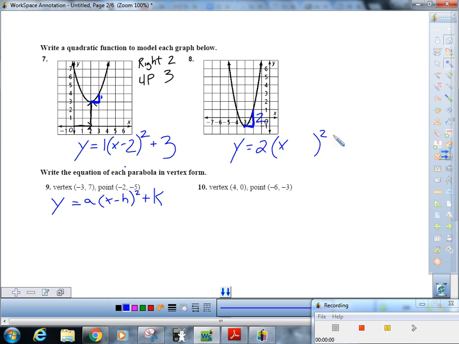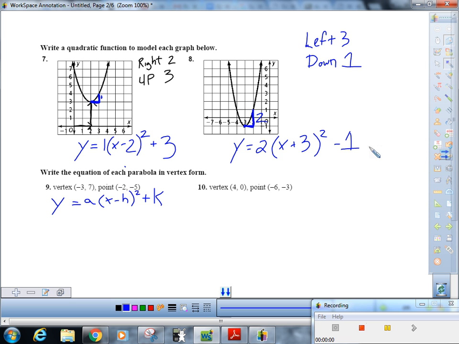Let's see, we went right, no, we went left 3 and down 1. Okay, Alex? Excellent. You got it. So, as you can see, it's new, but it's nothing we can't do. It's thinking the opposite way of what we did yesterday. Okay?